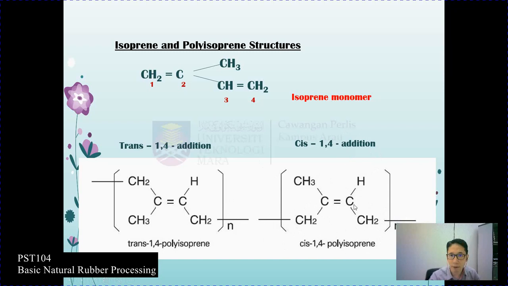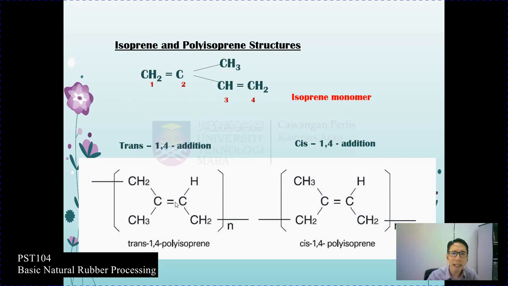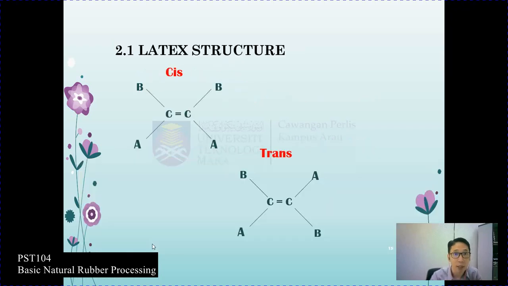So cis has the same arrangement, trans has an alternating arrangement. And usually for this structure, the commonly produced is cis-1,4 polyisoprene, although the trans is a minor contribution to the polyisoprene structure.